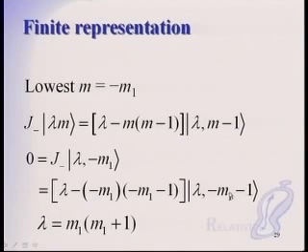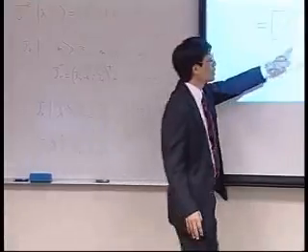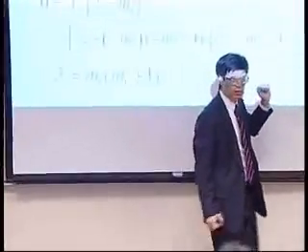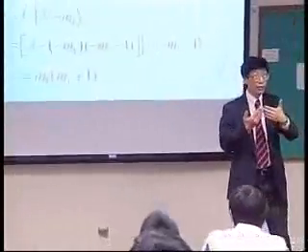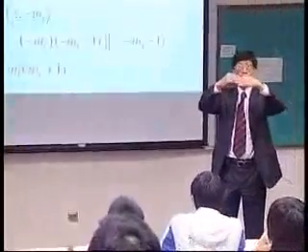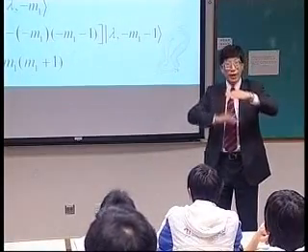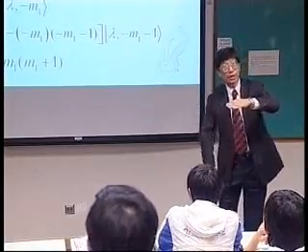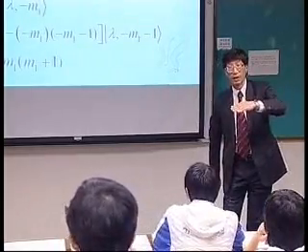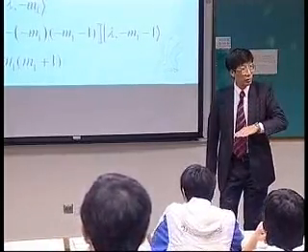You would then get a lower state, even lower than minus M1, unless this prefactor is 0. Our general theorem is that every time you use J minus, you get the lower state with a coefficient. The only way you can stop the process without going to minus infinity is when the coefficient becomes 0.